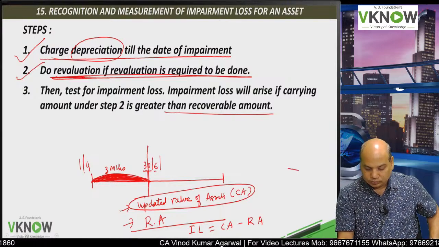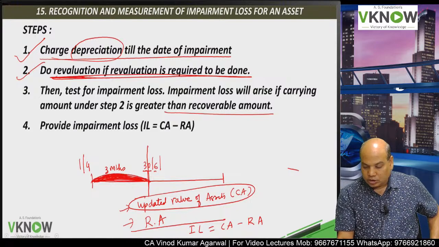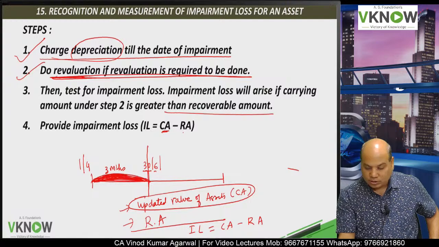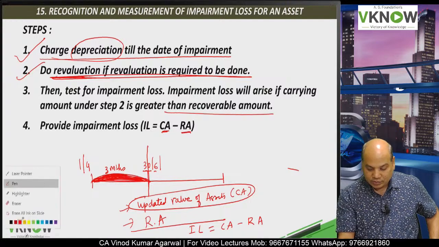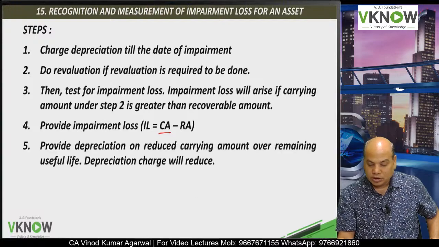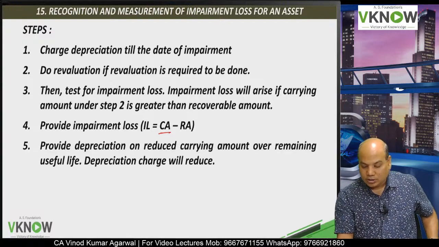Is it right? Impairment loss will be only if carrying amount exceeds the recoverable amount. If carrying amount is less than recoverable amount, then the asset is not impaired.